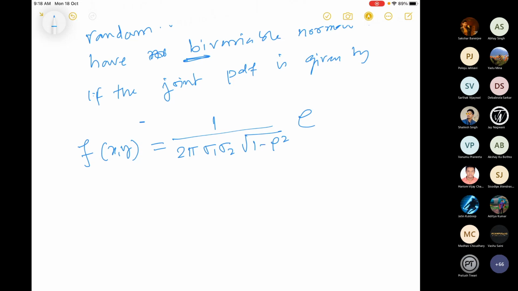Then e to the power minus half of a function of x, y.